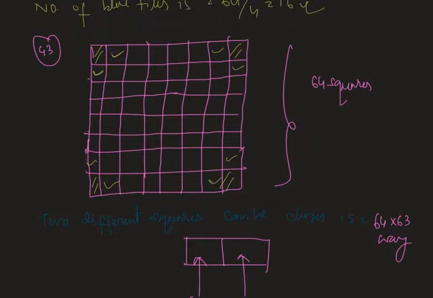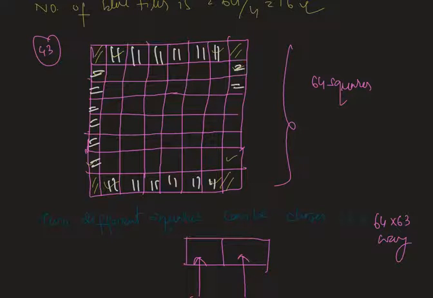Now for each of the 24 non-corner squares on all four sides of the chessboard, the favorable number of cases is 3. The non-corner squares are these squares; on each side we have 6 of them. And for each square we have 3 choices: the first one is this, the second one is this, and the third one is this.